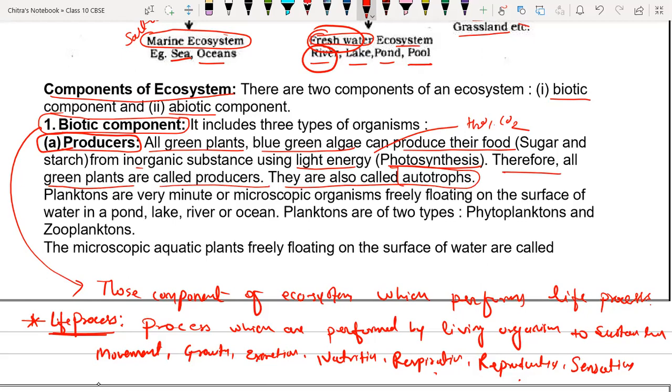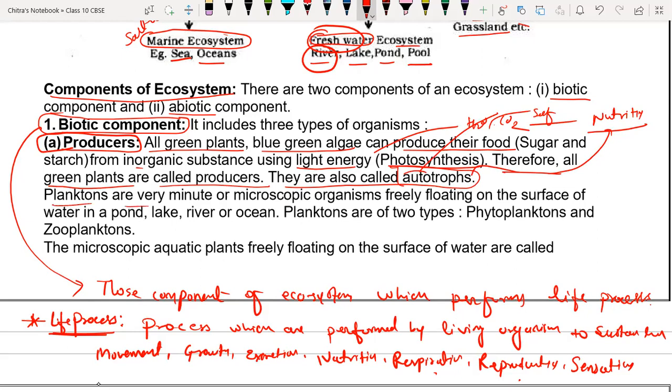Auto means self, and troph is derived from the word trophic, which means nutrition. That means plants are self-nutrition. They prepare their own food. That's why they perform the self-nutrition process.